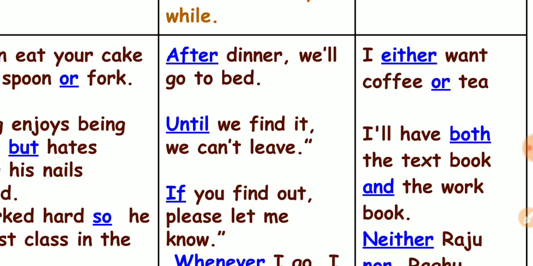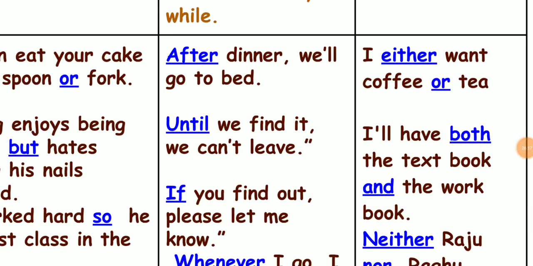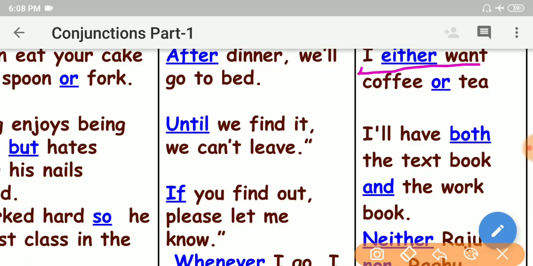See what we have here. I want either coffee or tea. Either and or is the correlative conjunction. About the proper uses of this we are going to learn in the next video, my dear friends.